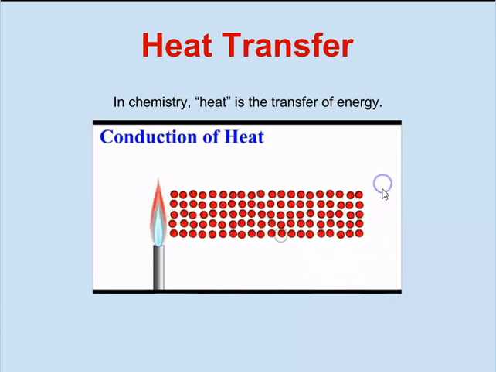Okay, let's focus in on one specific molecule. So right now he's stationary, and think about it this way. The energy that he attains, or the energy that he absorbs, can only come from his neighbors, correct? Without that transfer of energy to him, he doesn't gain any energy, right?